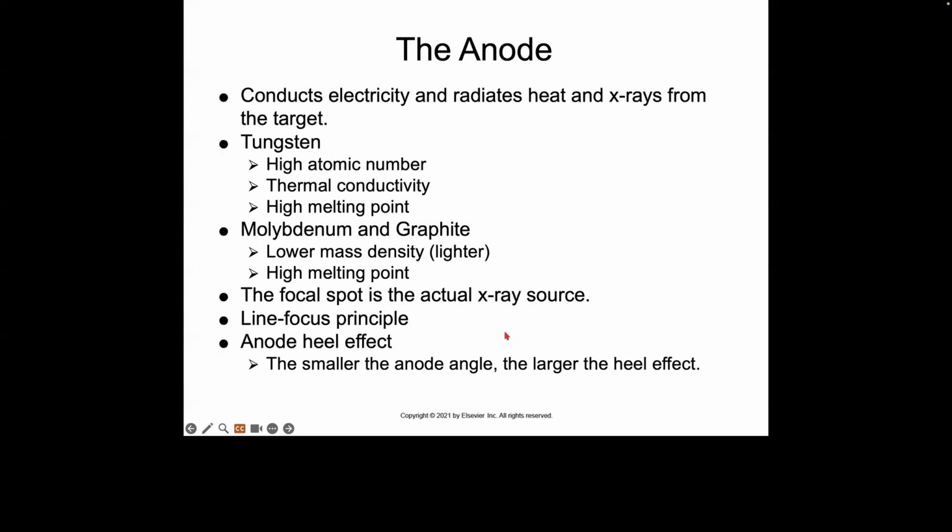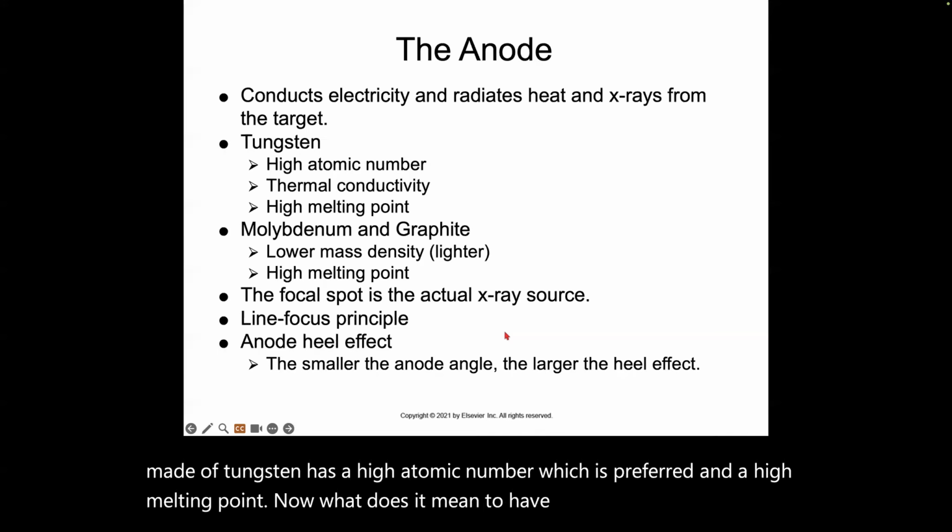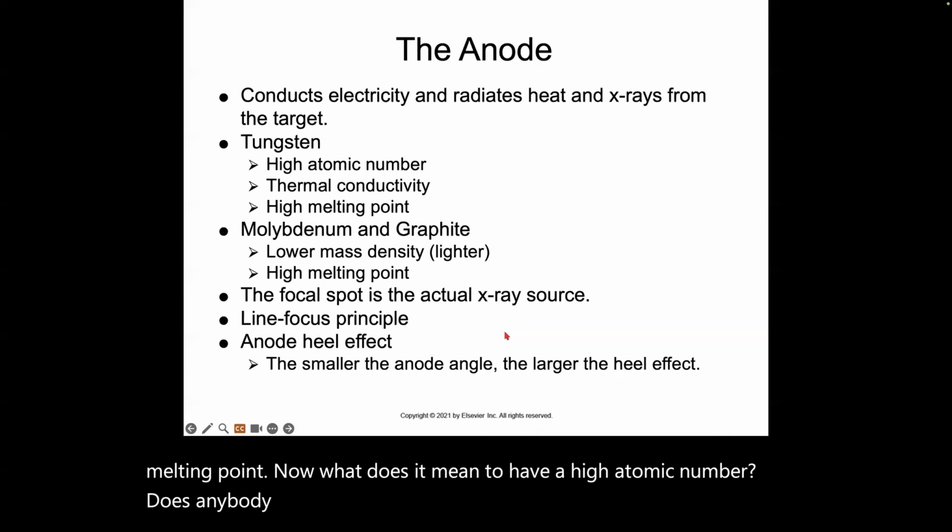All right, so the anode and the filament are usually made of tungsten. It has a high atomic number, which is preferred, and a high melting point. Now, what does that mean to have a high atomic number? Does anybody know?